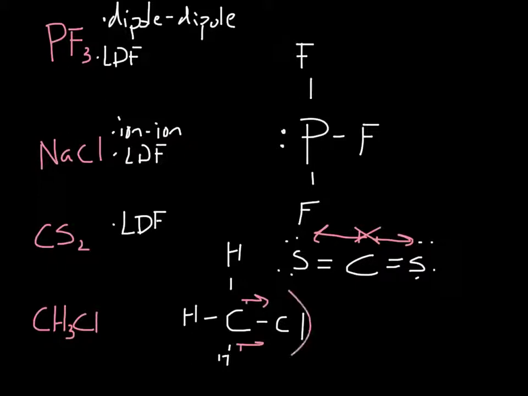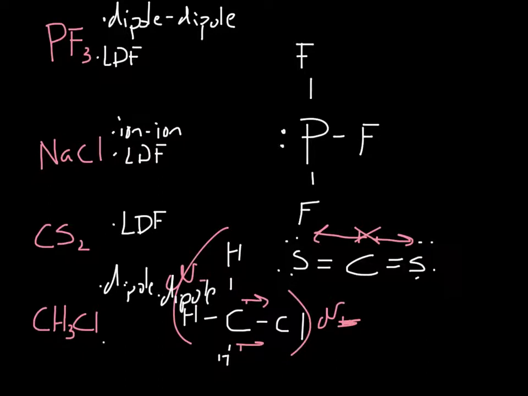And so we're going to wind up with that uneven distribution, so a partial negative over on this side, and a lower electron density, so a partial positive over there. As a result, we would have dipole-dipole forces, and we would also, of course, have London dispersion forces. So this methyl chloride is going to have the same intermolecular forces as the PF3 will.